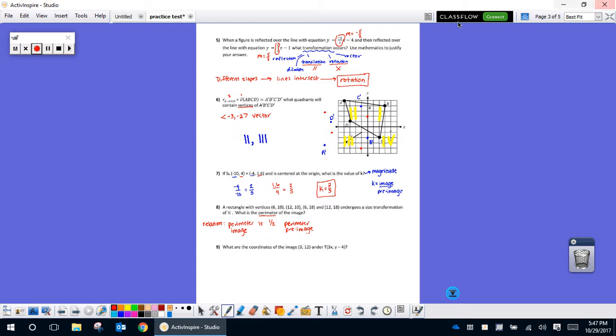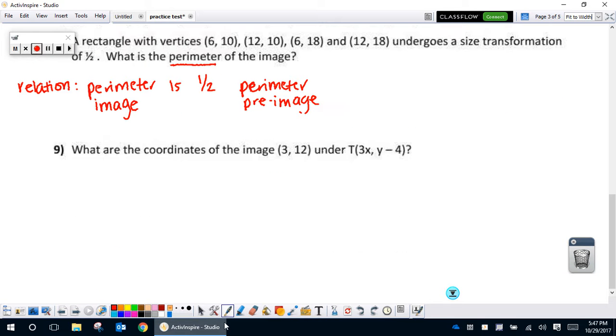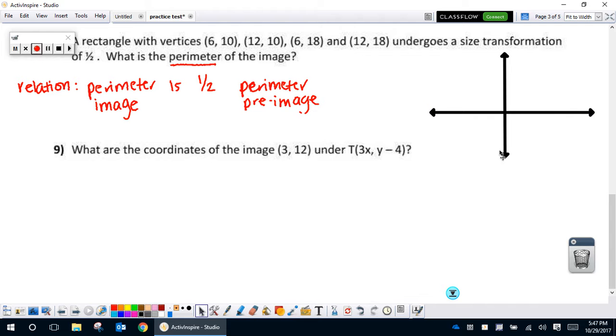But we can sketch one because it's going to actually form a nice rectangle. Okay, so if you want to sketch, feel free to sketch axes right here. Again, it's just a sketch, so it doesn't have to be anything perfect.